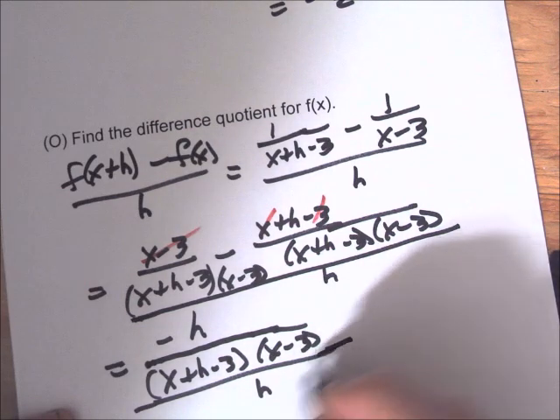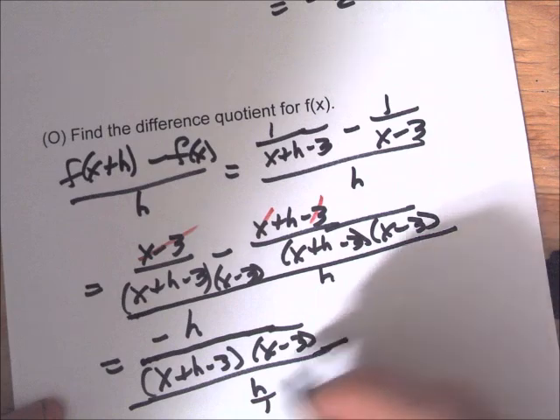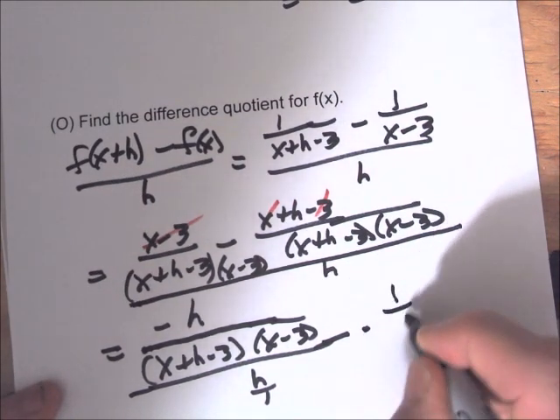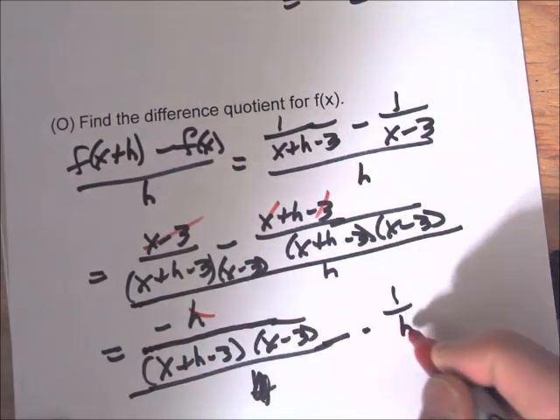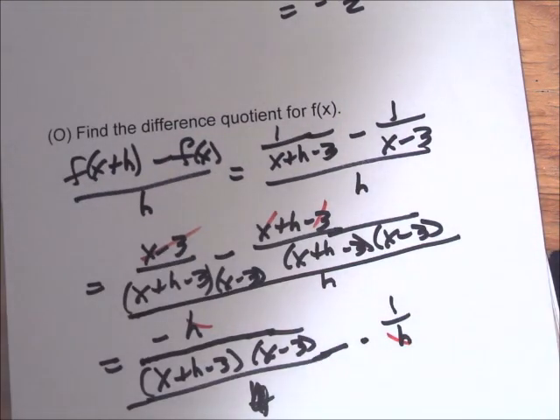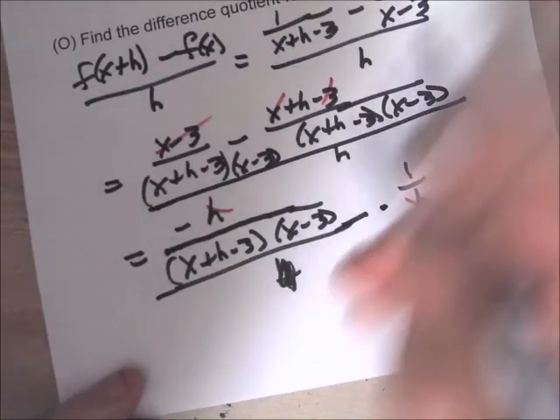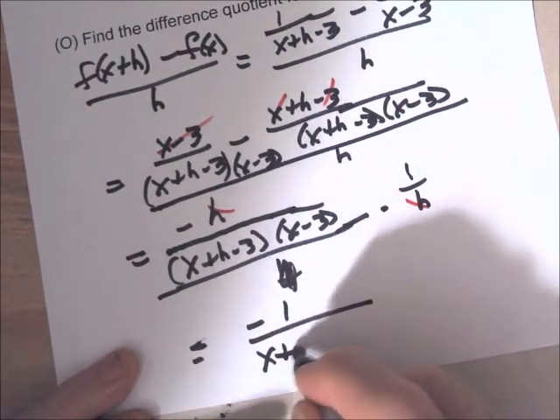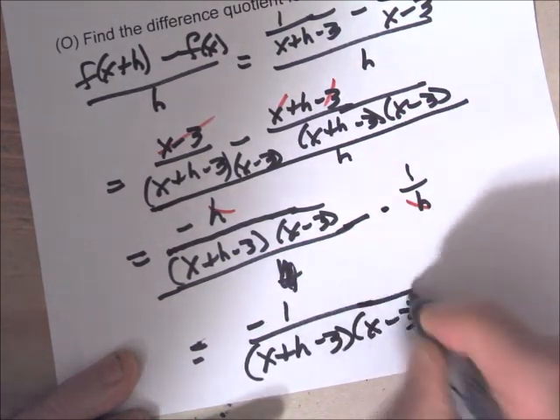The h on the bottom we can write as h over 1, and dividing by a fraction is the same as multiplying by the reciprocal, so this is the same as times 1 over h. Then we can cancel the h's, and that'll just give us minus 1 over x plus h minus 3 times x minus 3. So that's the difference quotient.